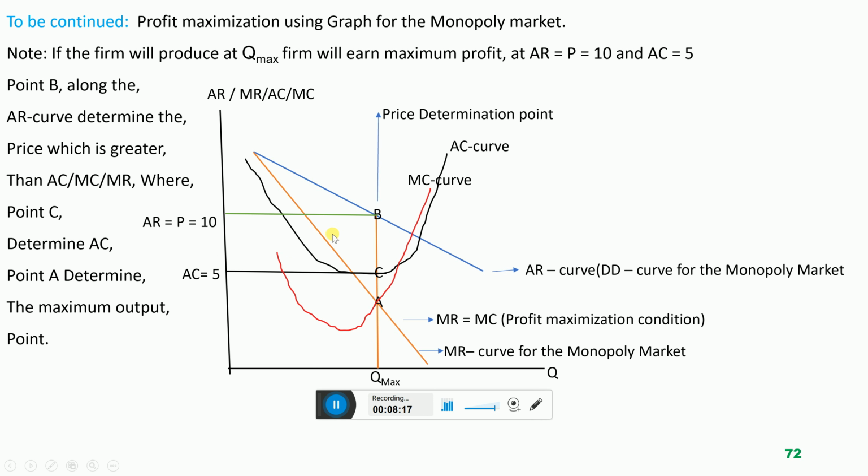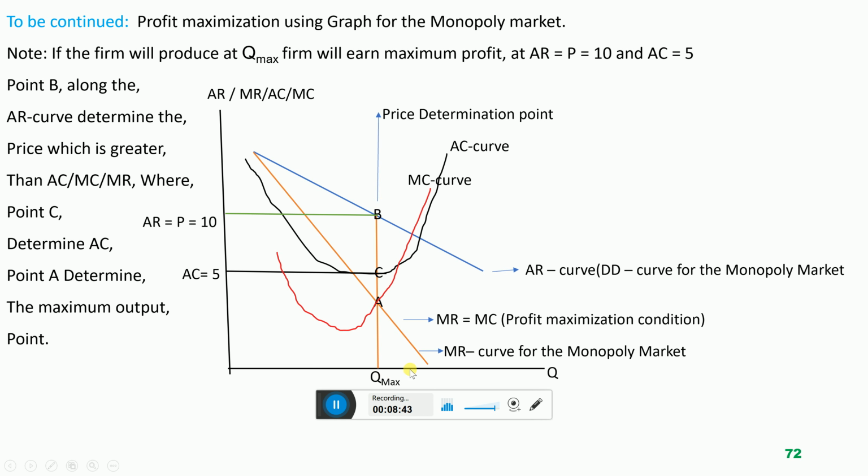So this gap between the green line and the black line represents the profit, the maximum profit, because price is 10 and per unit cost is 5. Price is double the cost, so profit will be maximum. So this is the graph which represents the maximum profit level.